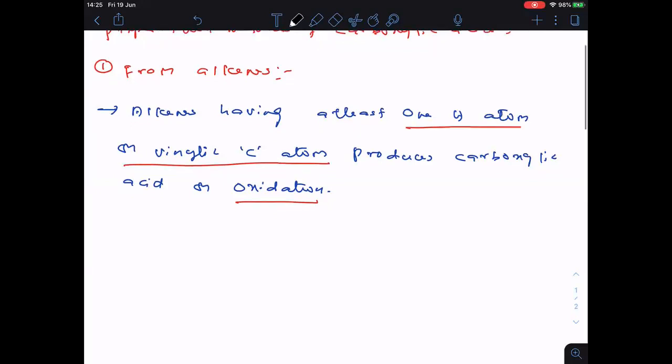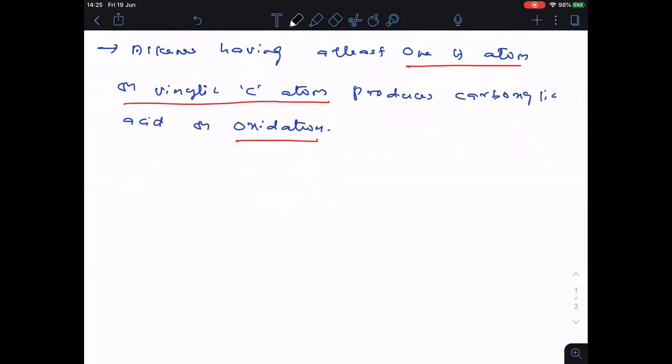Now see clearly, what is this vinylic carbon atom that I want to explain in the equation. RCH double bonded CHR. This carbon is there, and even this carbon, they are called the vinylic carbon atoms. And you see these hydrogens are there? They are bonded to vinylic carbon, so they are said to be vinylic hydrogen atoms.